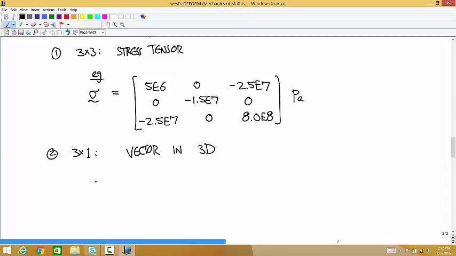So you could have a force vector that's equal to 10,000, negative 45,000, 5,000. Units would be newtons. And that just says that the x component is 10,000, the y component is negative 45,000, z component is 5,000.